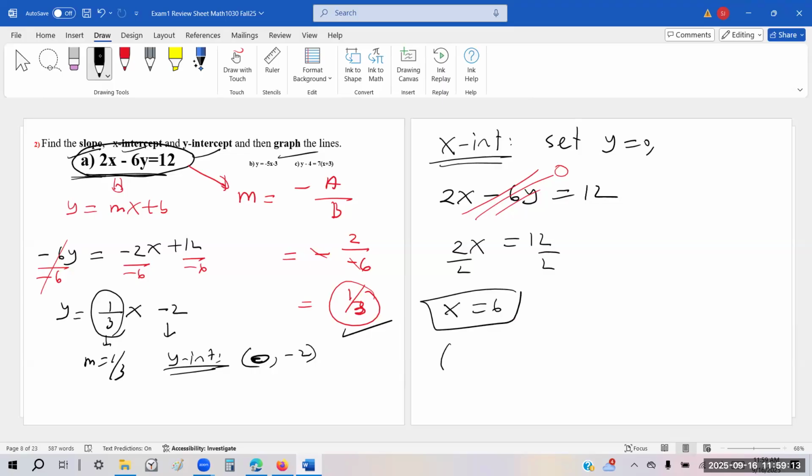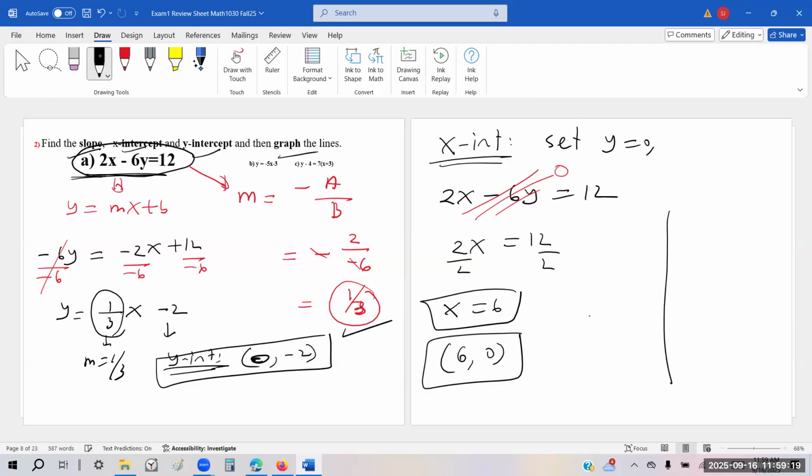So you have 6 on the x-axis, negative 2 on the y-axis, and then you connect them. So we did up to here.